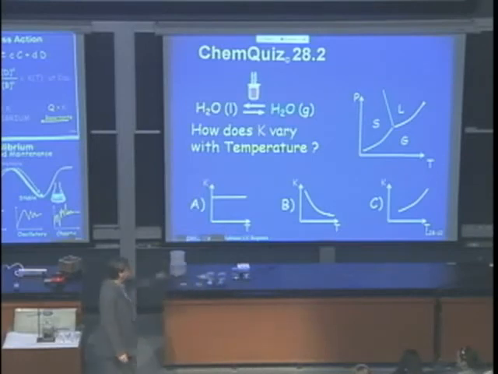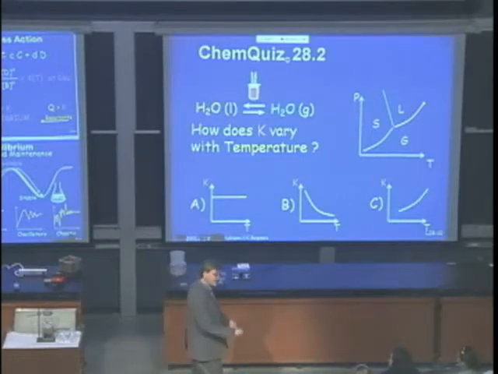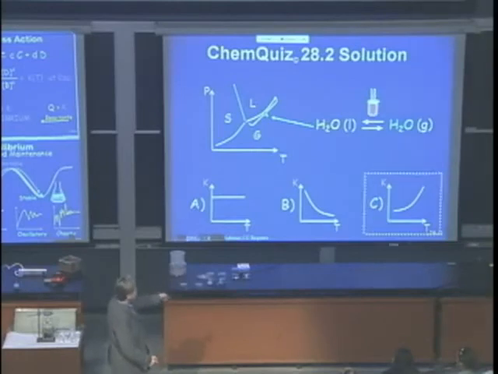So you can substitute this as K here, and so it increases with temperature. You see that? As you increase the temperature, the equilibrium constant increases. At each temperature it is a fixed value, but it increases with temperature. So this is exactly this curve here, and this is your answer.